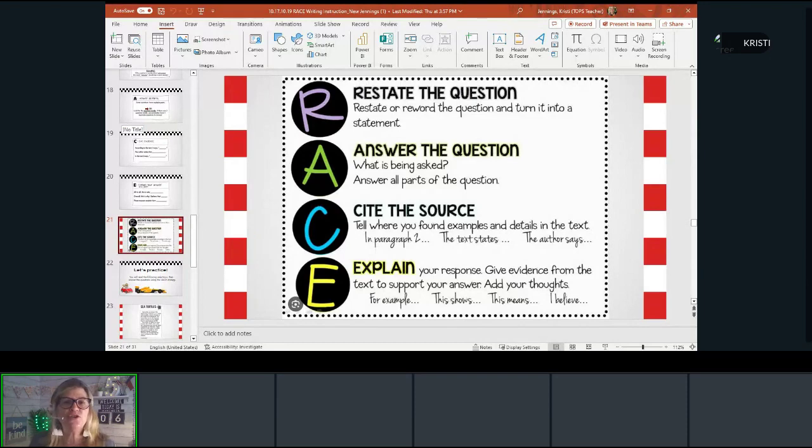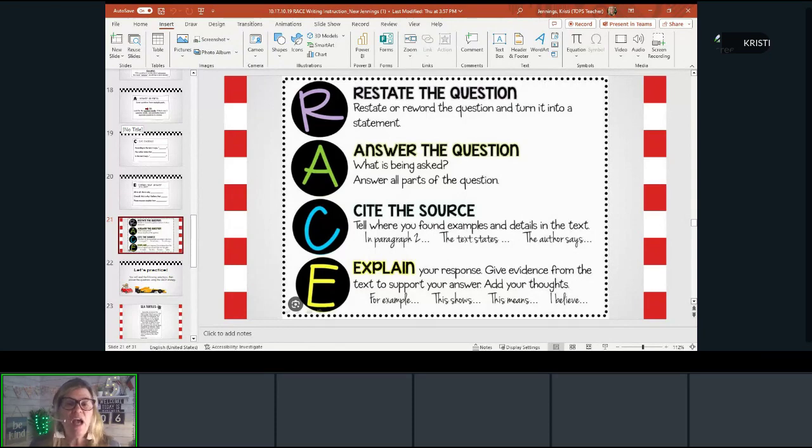Okay, so the first 2 are actually just thought things, and then the last 2 are the actual action where you're going to be writing. The R at the top says restate the question. So restate or reword the question and turn it into a statement. Let's say we're going to use the question, what does the term portable mean in paragraph 2? Well, you would definitely use all of those words to restate in your sentence.